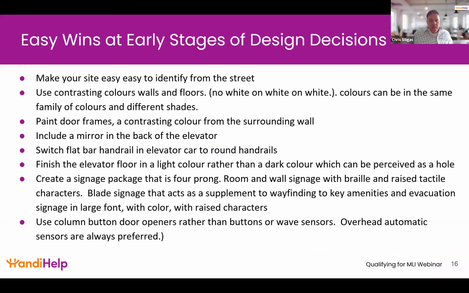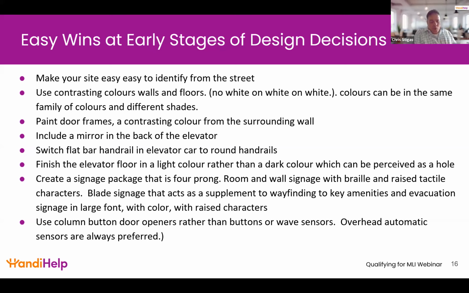Just a recap again, just some easy wins that are not requirements, but things to think about when you're at the design meeting with your designers. Make sure the building's easy to identify from the street. So big numbers, 13 York Street, great big sign, easy to see.